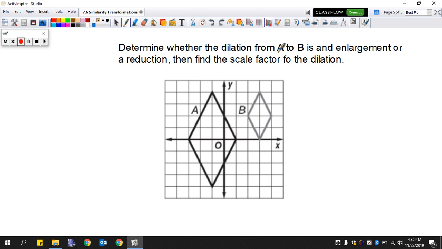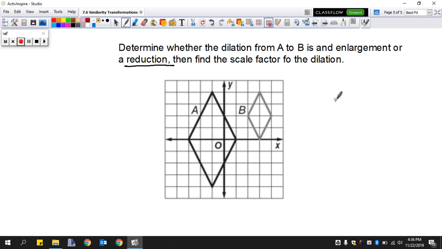Here, it says determine whether the dilation from A to B is an enlargement or a reduction, then find the scale factor of the dilation. You notice that from A to B is going to be a reduction, because it goes from a big one down to a small one.